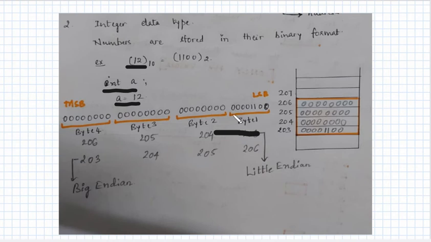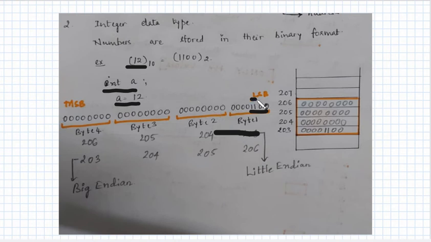So I have the first byte as 00001100. The actual value representing 12 needs just 4 bits, and the remaining bits are all filled with 0. So in the first byte I have 00001100. In the second, third and fourth bytes, all are zeros, right?